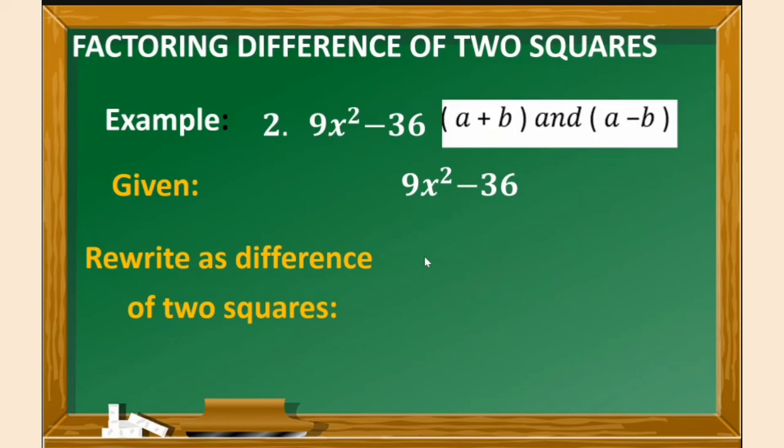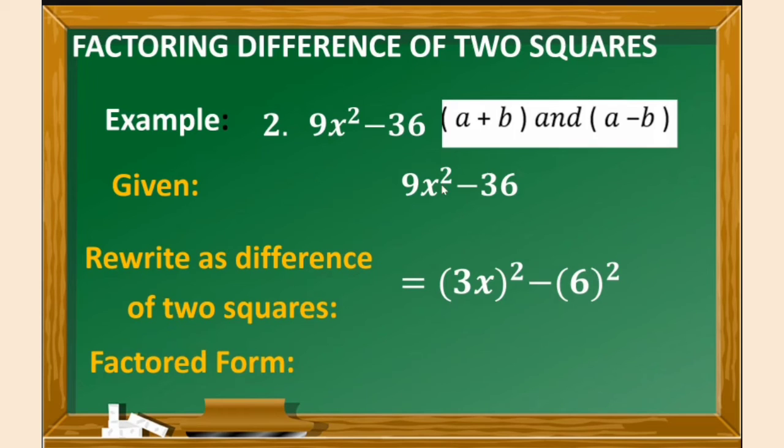How about 36? What is the perfect square of 36? Six, ma'am. Very good. That is 6. So we have now the difference of two squares, 3x raised to 2 minus 6 raised to 2. Okay, so mas mabilis na sa atin mag factored form.